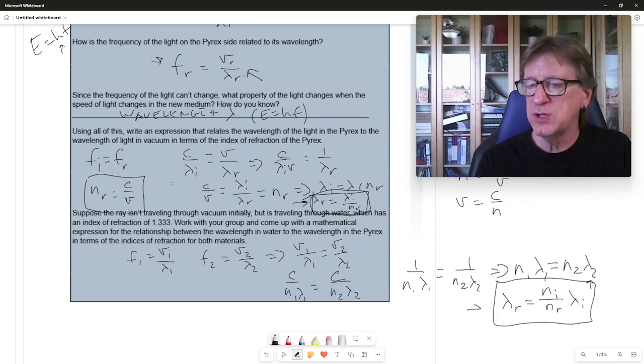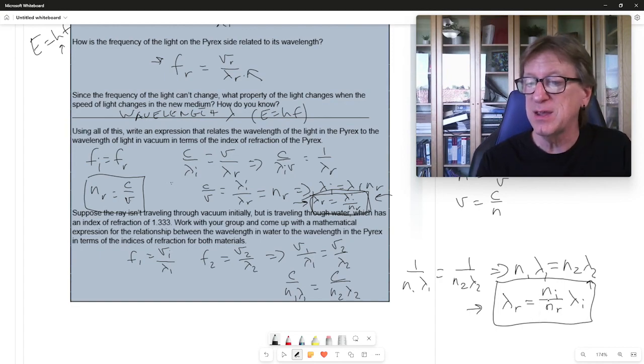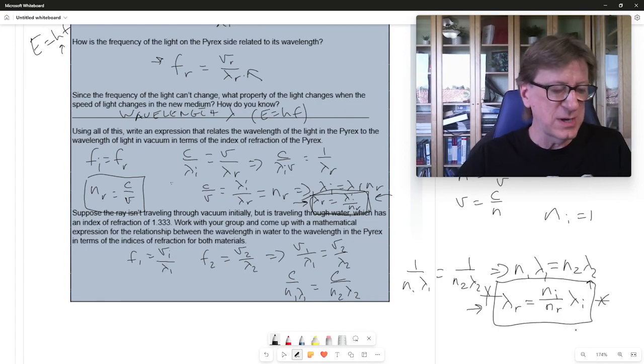So this is a more general expression for this. And this also holds even if I'm in vacuum. Remember, if I'm in vacuum, then Ni is simply 1. And so I'm going to get exactly the same thing. So this is my general expression for relating the wavelength to the ratio of my indices of refraction.